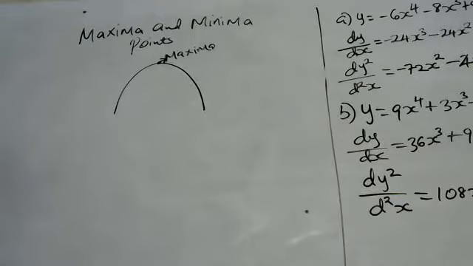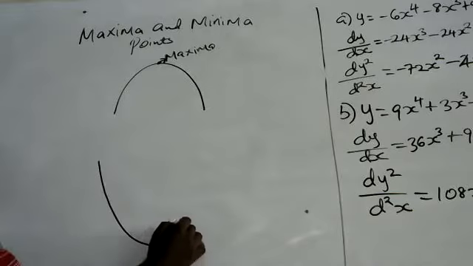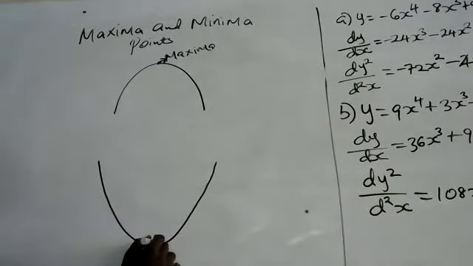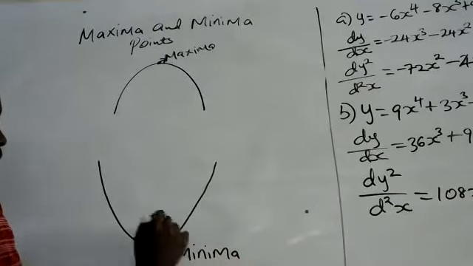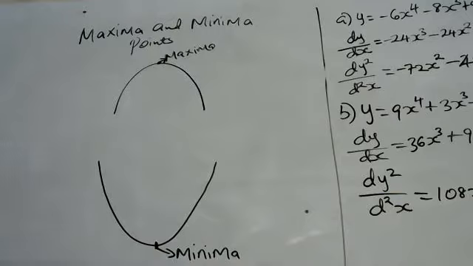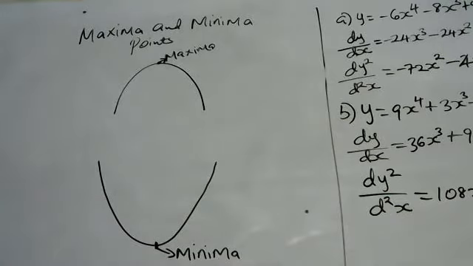It is represented as follows. So this lowest point is what we call the minimum. The curve will go downwards, downwards, downwards. It will reach that minimum point, then it goes upwards.